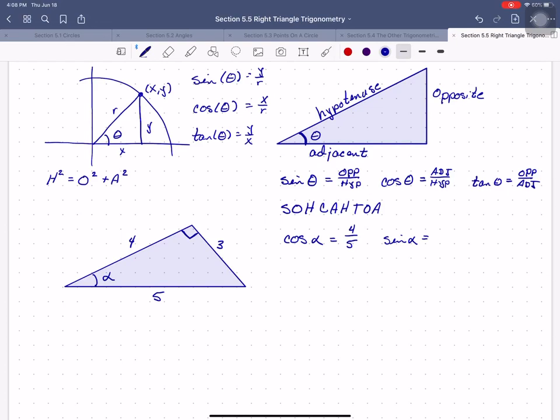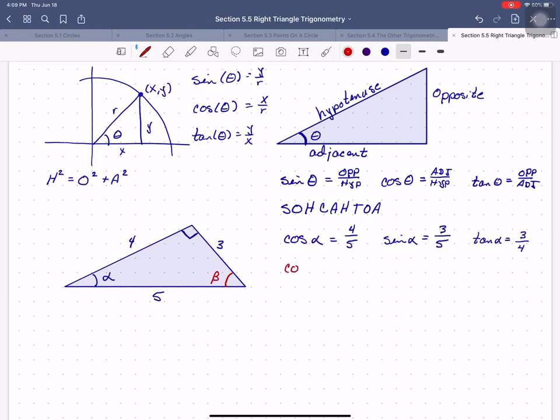The sine of an angle in a right triangle is the length of the side opposite that angle divided by the hypotenuse. Now, I wrote that down as I was talking. What I want you to realize is that 3 is the side opposite, and of course 5 is the hypotenuse. And the tangent of this angle alpha is the length of the side opposite divided by the length of the side adjacent.